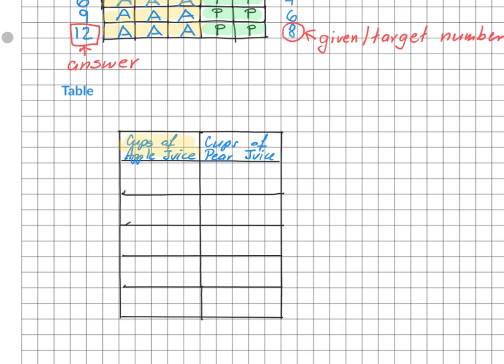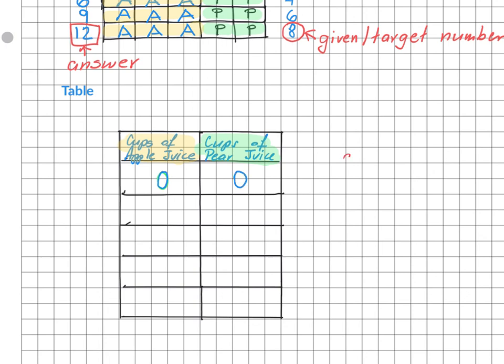And I'm also going to use the same colors as I used above. So if I take a pitcher to mix juice inside, my pitcher is going to be empty. So I'm not going to have any apple juice or any pear juice. I'm going to put 0 and 0.